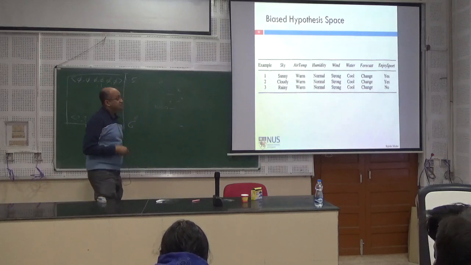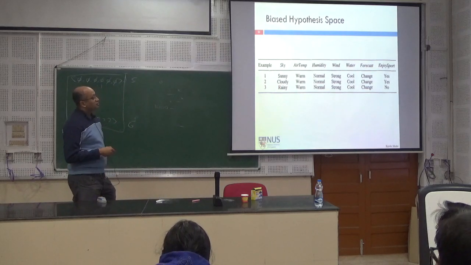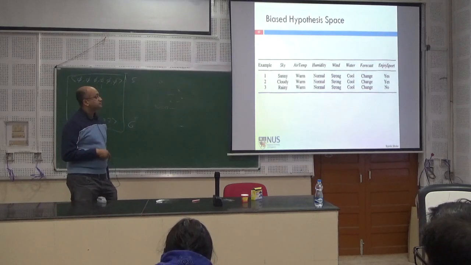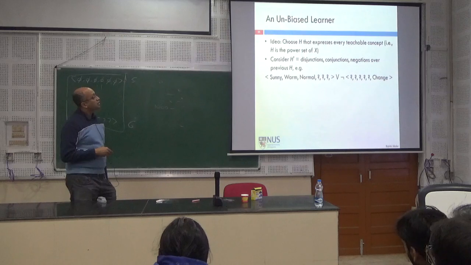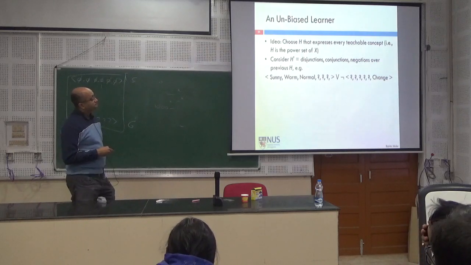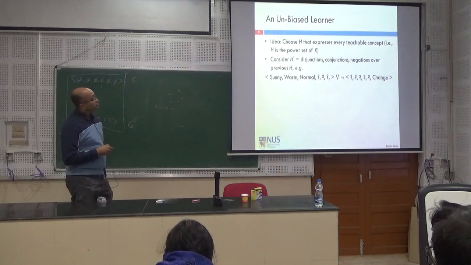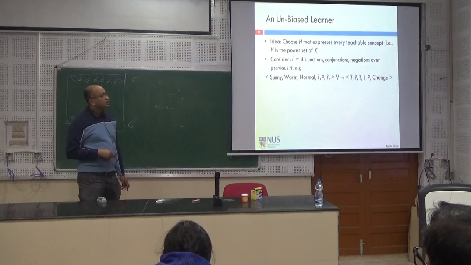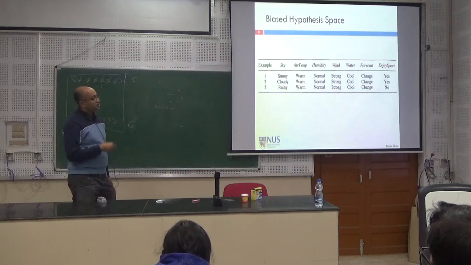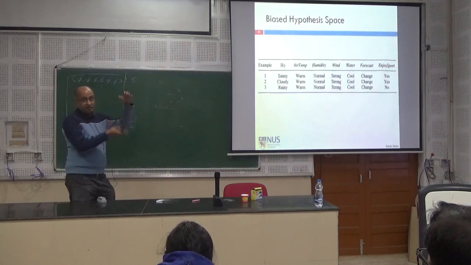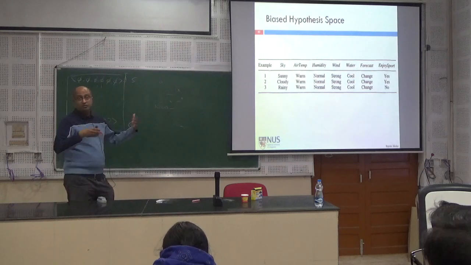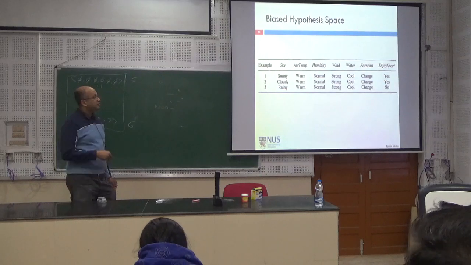Just as an example, let's say these are my training samples now. We have 3 examples, and what we want to do is choose a hypothesis that expresses everything here. If I take this and go back to my original classification that we came up with in the tree, you will see that it satisfies some of them and doesn't satisfy some of them.